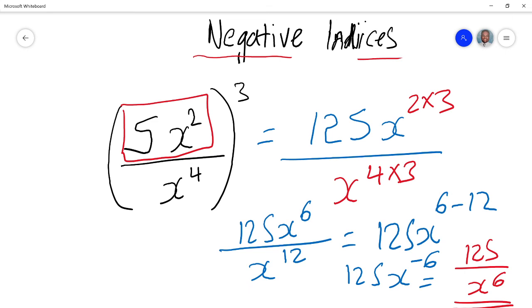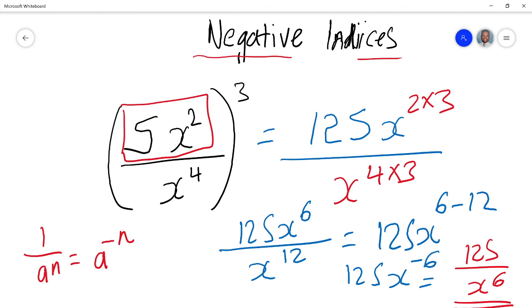So what I've simply done is I've converted something that had a negative index, and because of this rule, 1 over a to the power n is the same as a to the power negative n. So x to the power negative 6 becomes x to the power 6. So it's very, very important to understand that sometimes we could leave the answer as a positive like this, but we've got to simplify it.